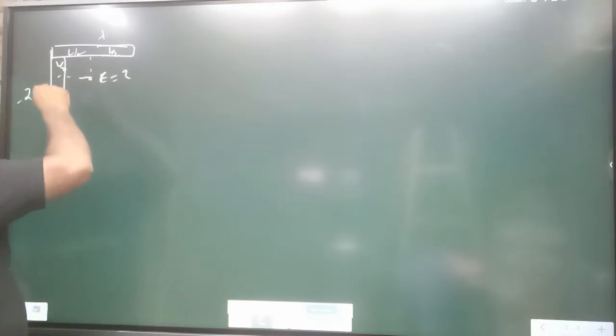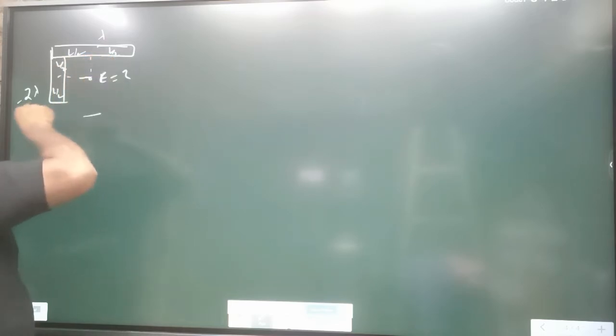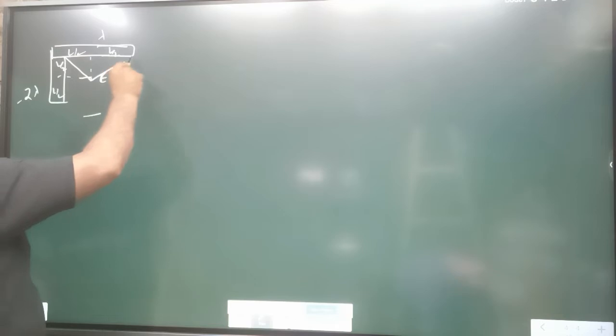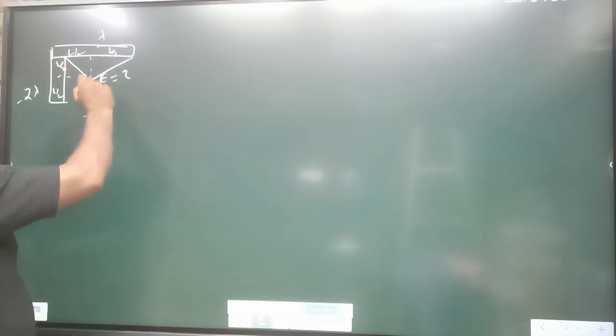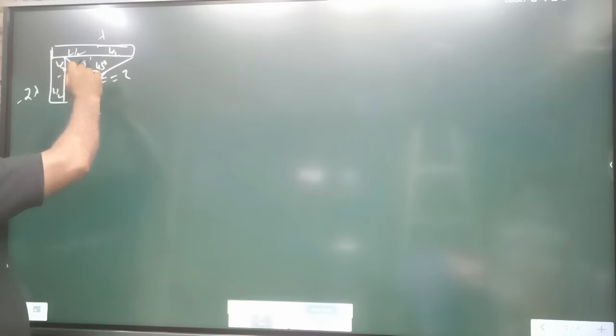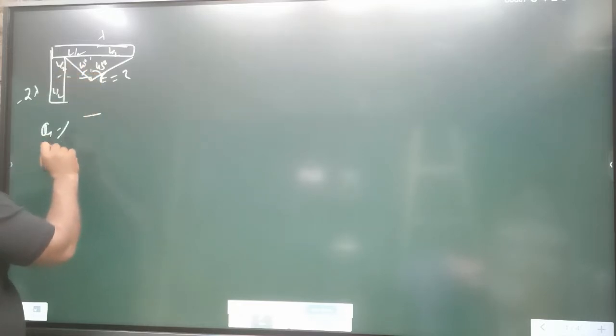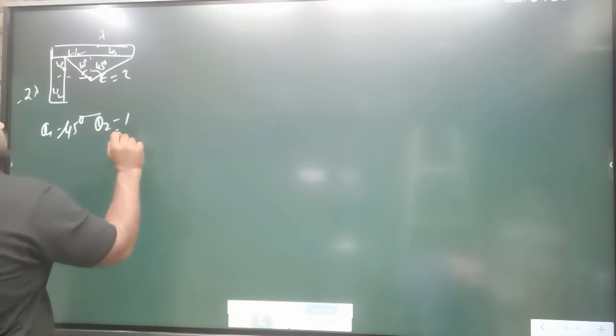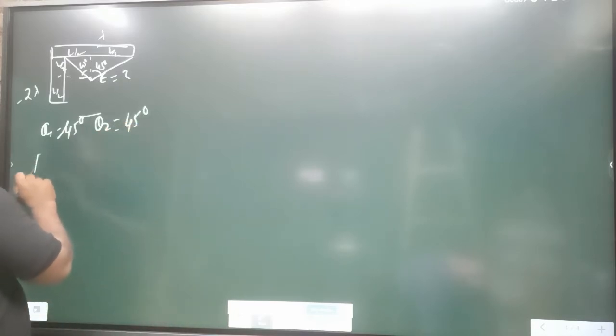Yes or no? This distance is here, this also here, so we get a square. Then this angle becomes 45 degrees: theta 1 is 45 degrees, theta 2 is 45 degrees.